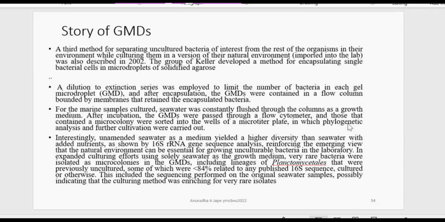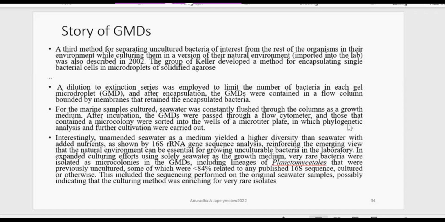So you are going to encapsulate the cell in a gelling matrix like agarose, and you are going to fill it in the column, and the column is going to have the beads, each bead with a bacterial cell, and that stack you are going to continuously bathe with the natural sample.